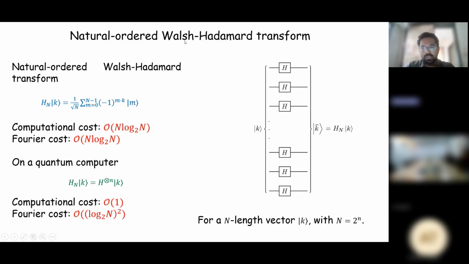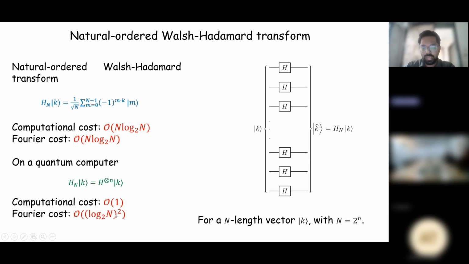But here the Hadamard gates act in parallel on all the qubits, so the circuit depth of the complete circuit is order 1. So we have gone from order n log n to order 1. So it's much more efficient than taking a quantum Fourier transform, because the quantum Fourier transform is still log n square, or if n is the number of qubits, then order n square.